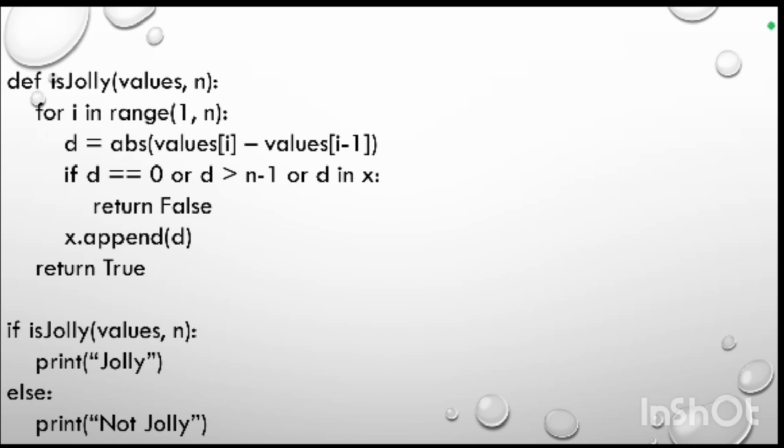The user input split function splits the string, and the map int method converts strings into integers. N is equal to the length of values, so it checks the length of the sequence.